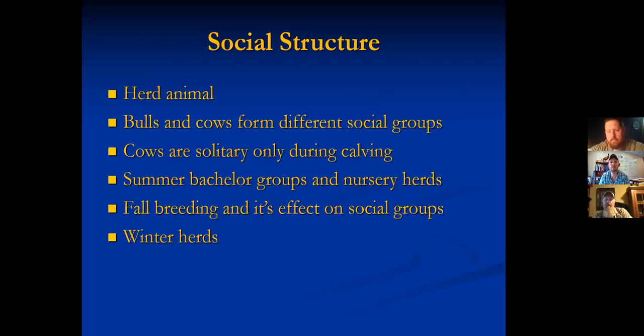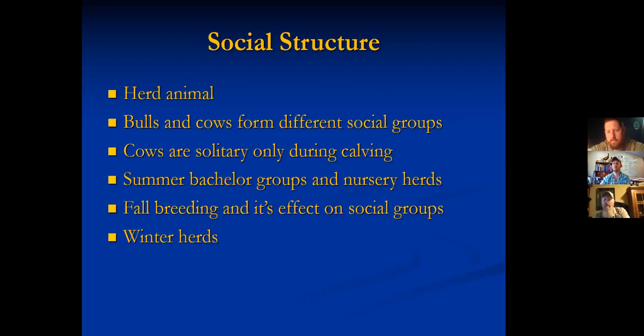And then as you get through the rut and move into probably the 1st of November on through to probably March, you'll see these winter herds, where all these elk basically group back up again. You'll see the biggest group sizes you'll ever see in the wintertime, generally December through late February, somewhere in there.